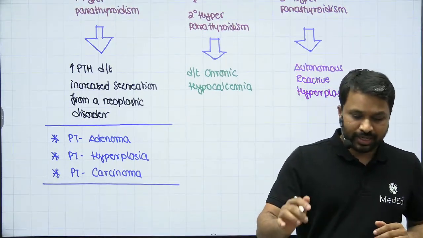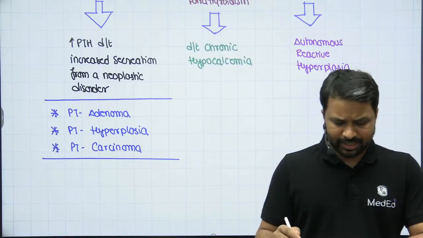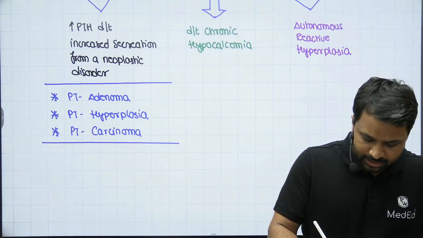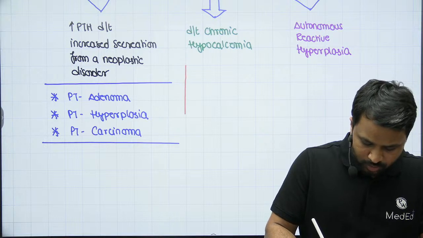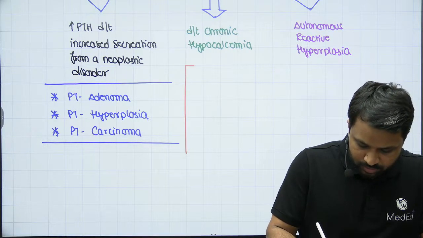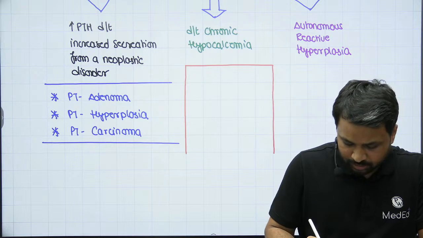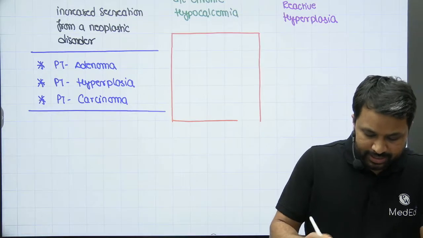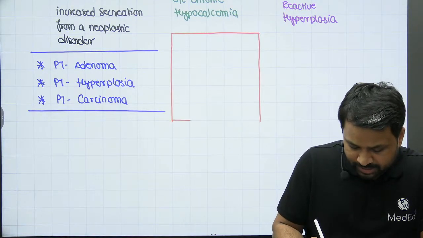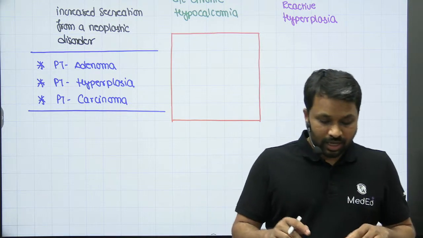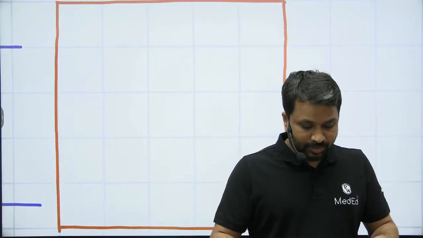Chalo. So in secondary hyperparathyroidism, it is quite interesting. A patient is having chronic hypocalcemia, right? So let's understand in a nutshell how it is going to cause secondary hyperparathyroidism.